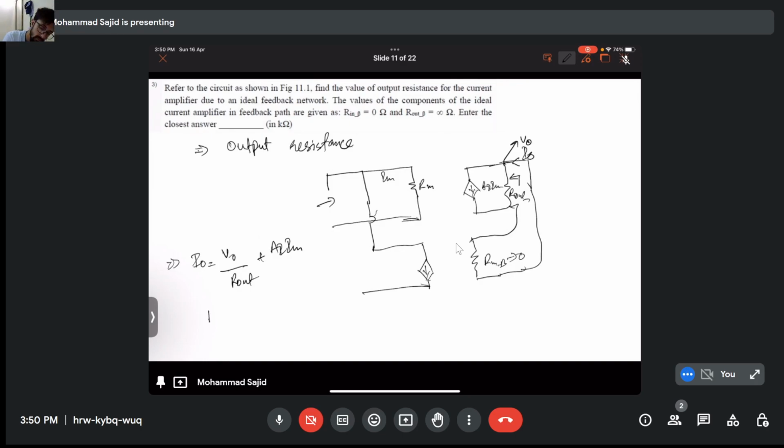My In, if I apply KCL here, this will be In plus IF is equal to 0. In will be minus IF, that is minus beta times Ix, that is minus beta times I naught.